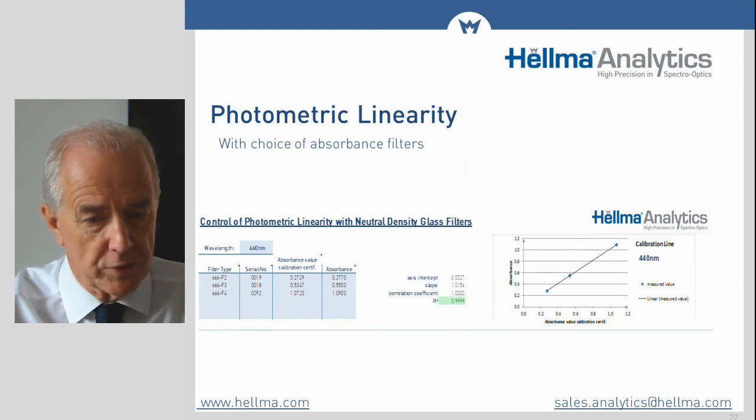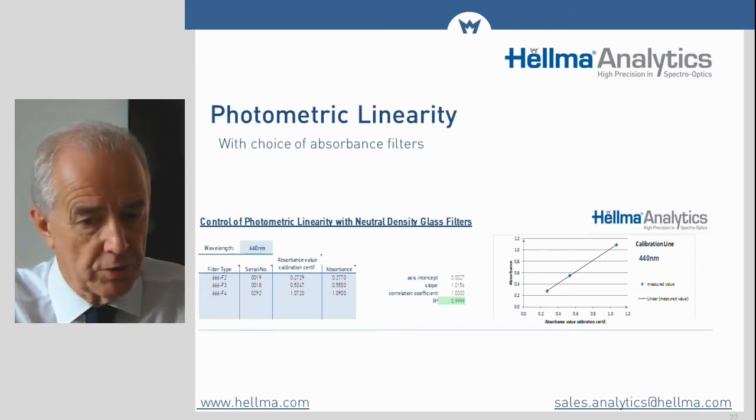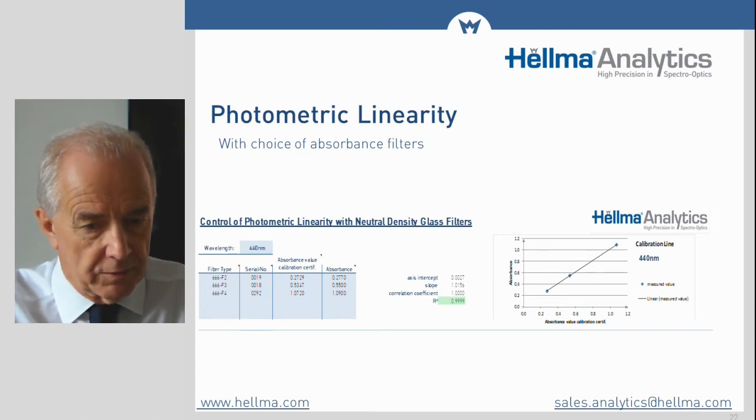Measure and record all results, then plot the measured values against the certified values and check this is a straight line. To comply with EP10, this needs to have an R-squared value of not less than 0.999. To help you with plotting and calculating this value, you can download a simple tool from our website.